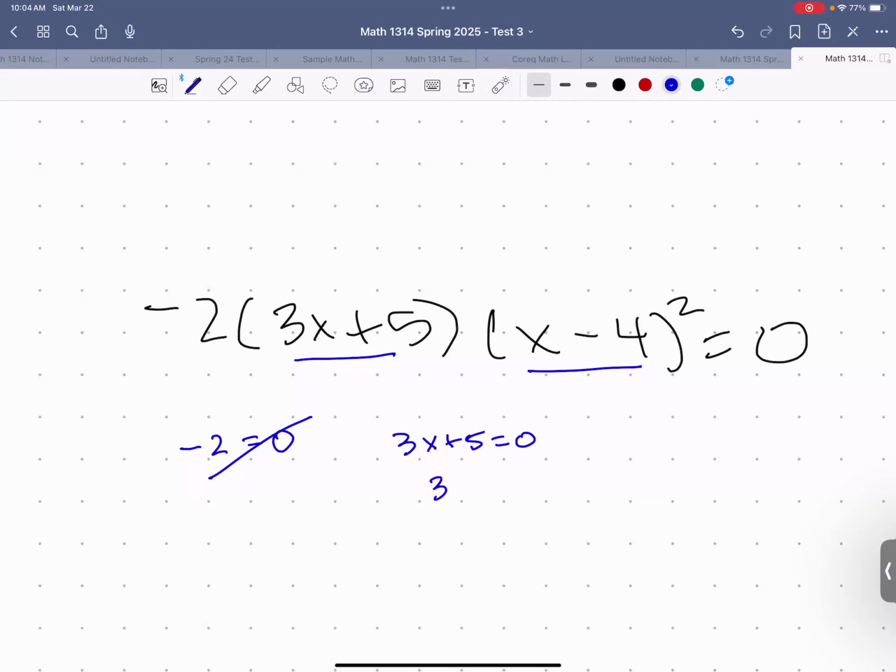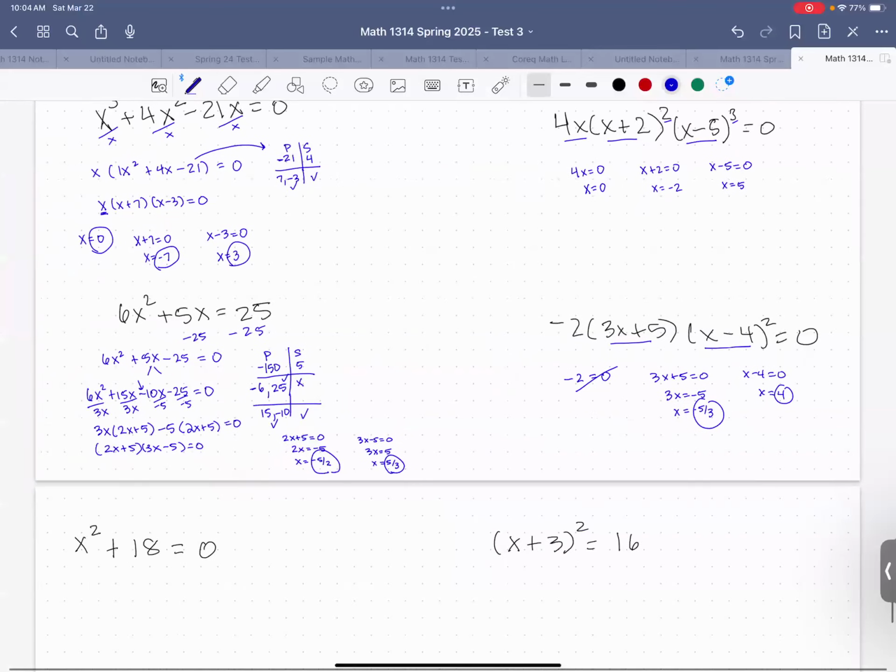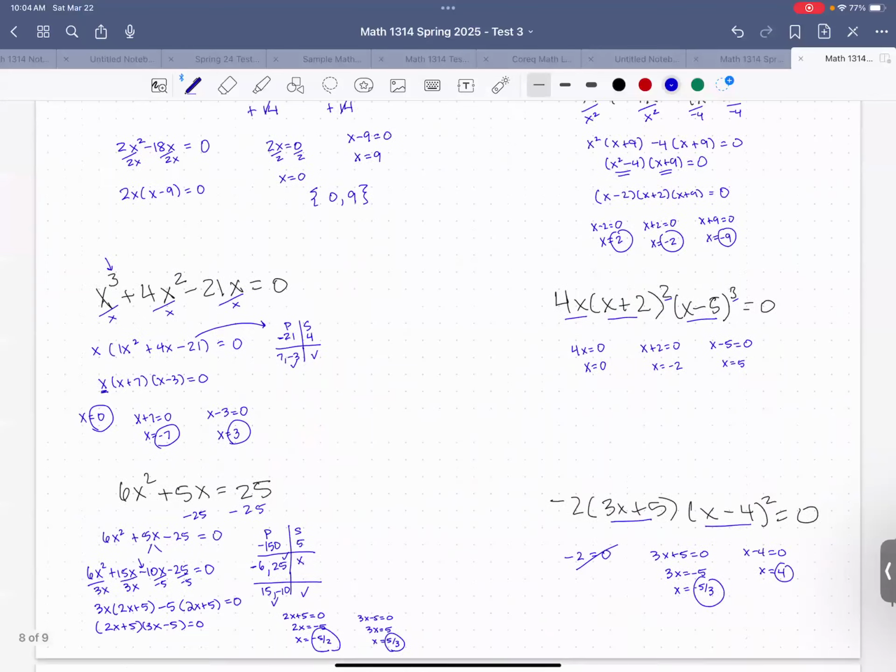I'm going to subtract 5. So I'll get 3x equals negative 5. I'll divide by 3 to get negative 5 over 3. And that last factor should give us x equal to 4. So we get these 2 solutions out of that particular problem. So that was us solving by factoring.